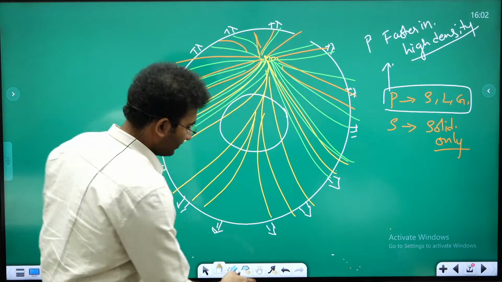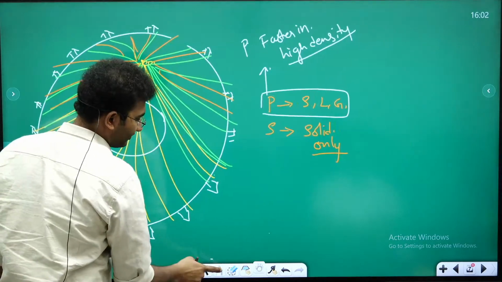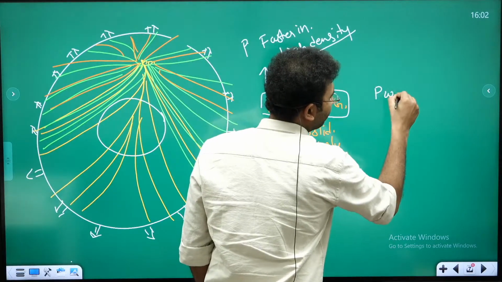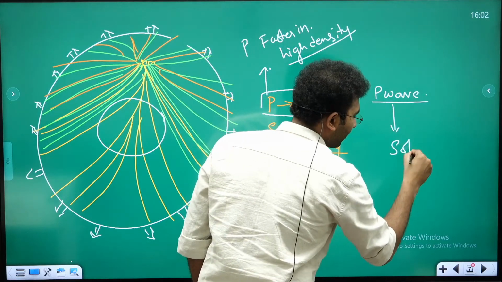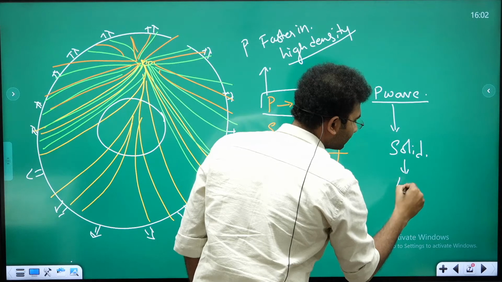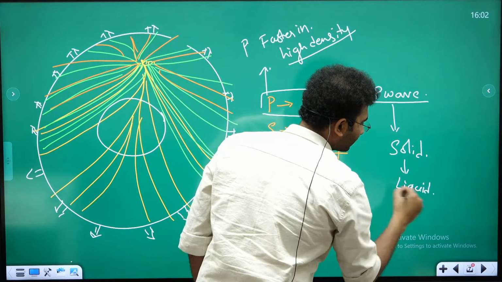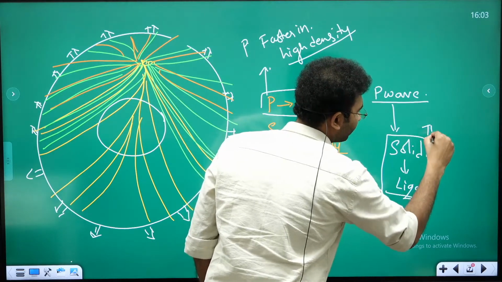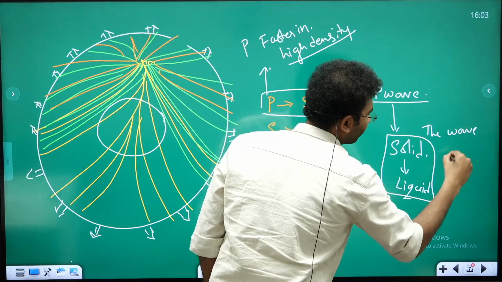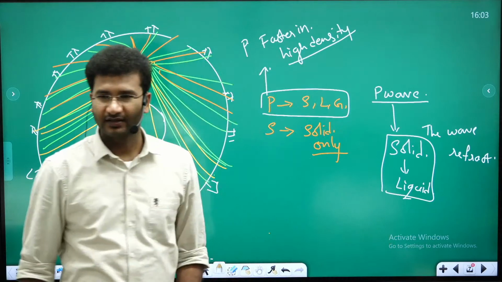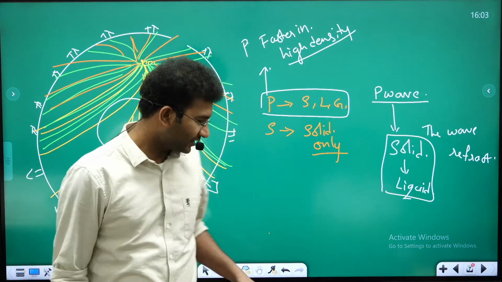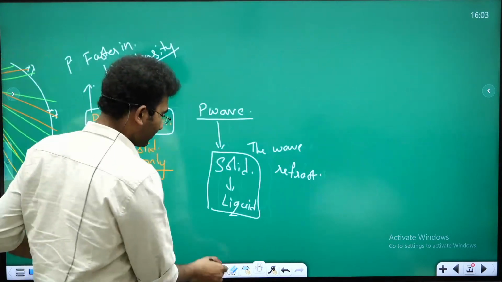And the nature of the P wave is that whenever it passes from solid to liquid, the wave refracts.